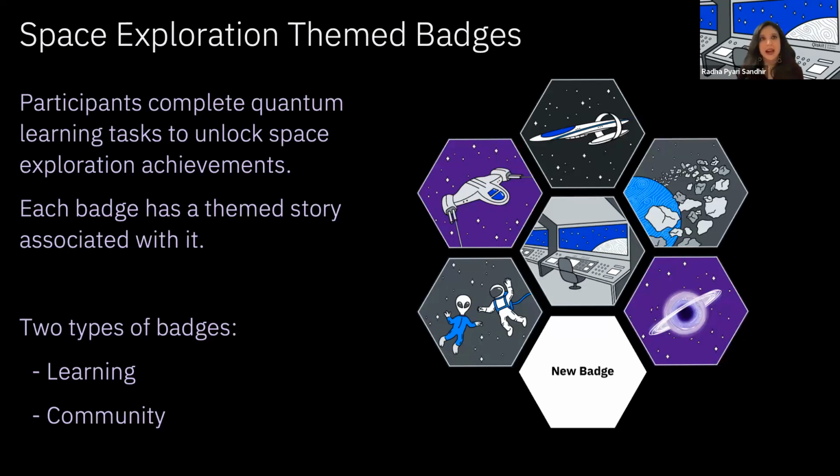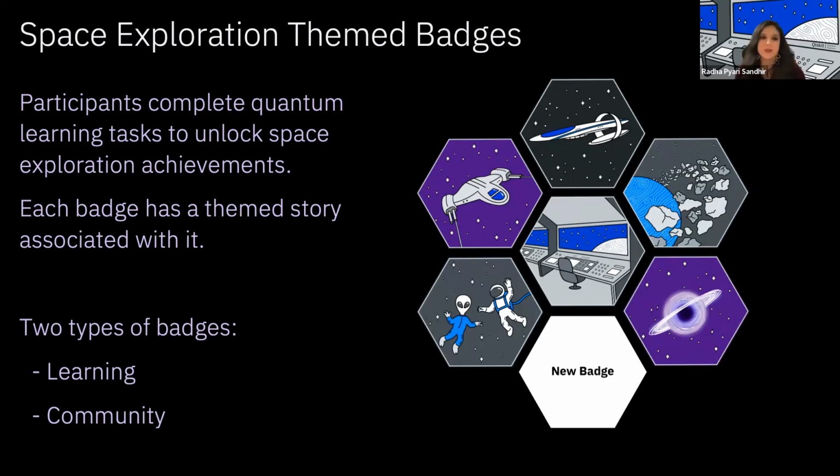These badges are analogous to Girl Scout badges, where the scouts complete certain tasks and then gain a badge to pin to their vests. In the pilot program, there were 6 badges in all. For each new cohort, we'll be introducing a new badge that will be revealed during the program launch.